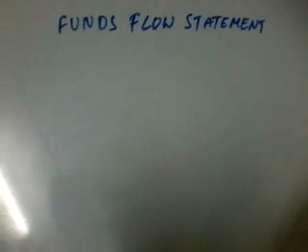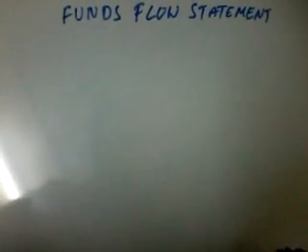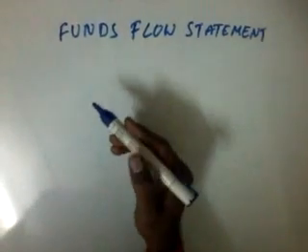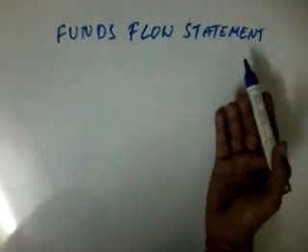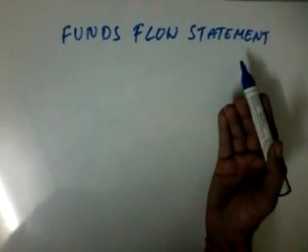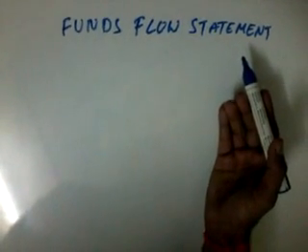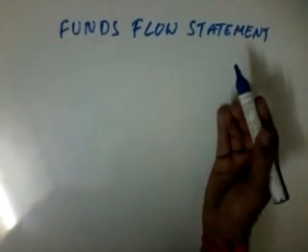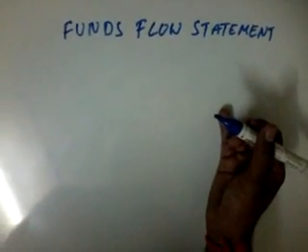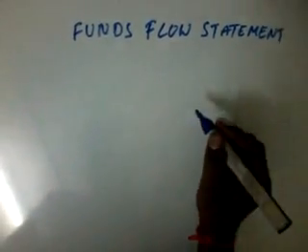Now we have understood what are funds, what is flow and what is a funds flow statement. Now the question is how to solve a funds flow statement. A funds flow statement is prepared in the following steps.